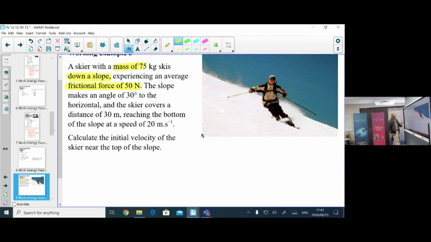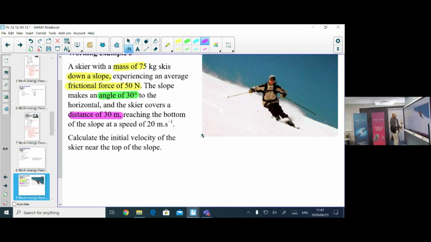The slope makes an angle of 30 degrees to the horizontal, and the square covers a distance of 30 meters, reaching the bottom of the slope at a speed.